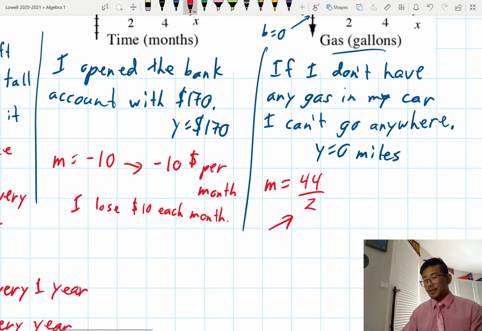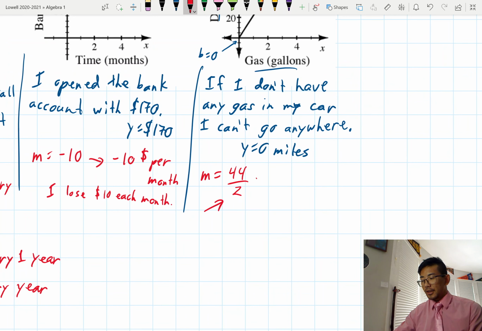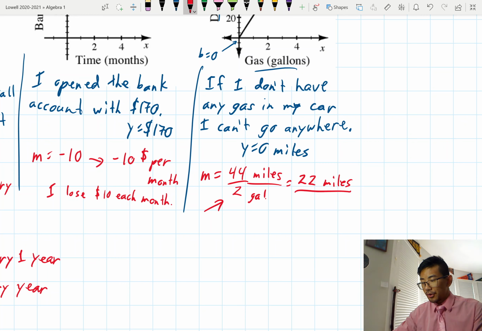And last but not least, on this last one, let's see my slope. I'll go back to this idea. Let's see, I could go 44 miles for every 2 gallons of gas, gal. Or as a unit rate, this tells us 22 miles per 1 gallon.